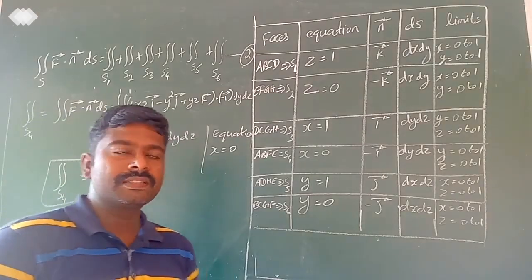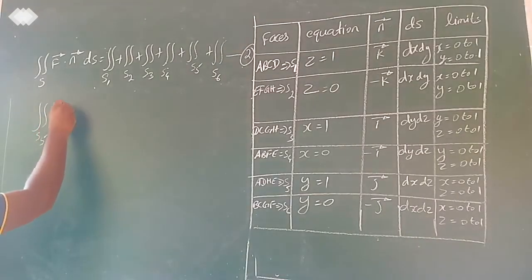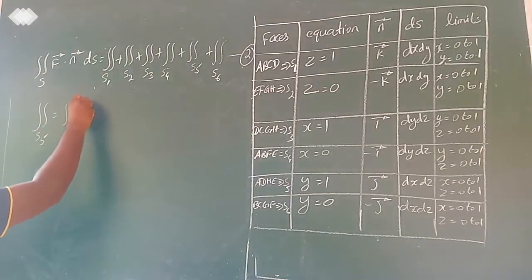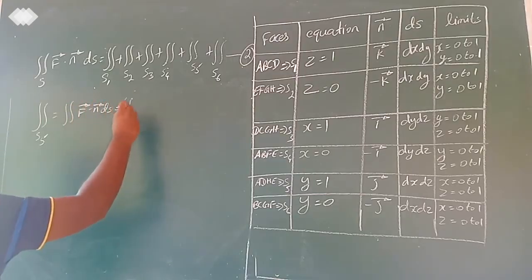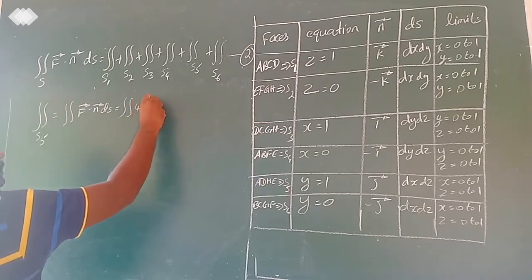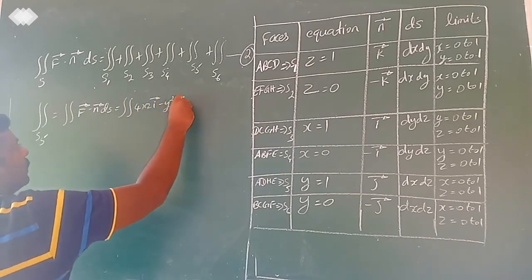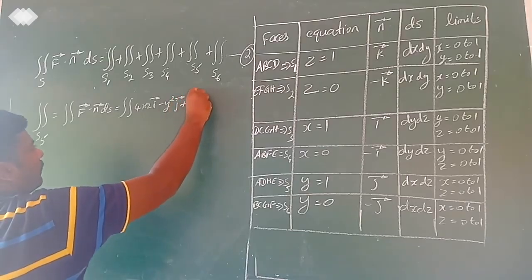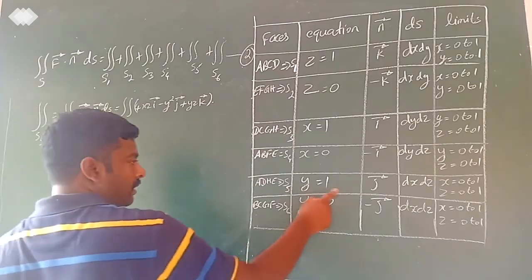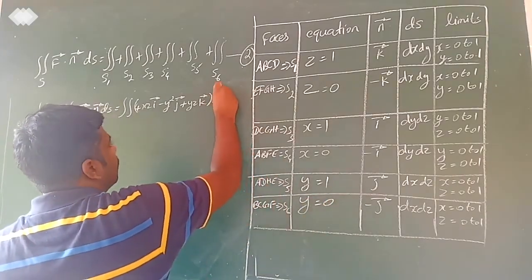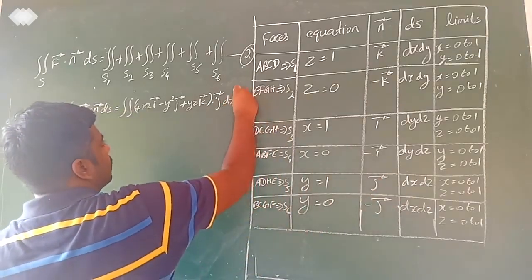And next one, face S5. The double integral over S5 equals the double integral of f vector dot n vector dS equals the double integral of 4x i vector minus y squared j vector plus yz k vector dot j vector, and for S5, dS is dx dz.